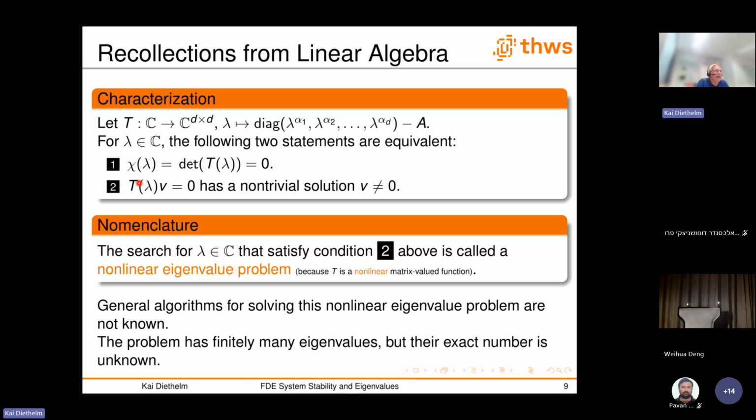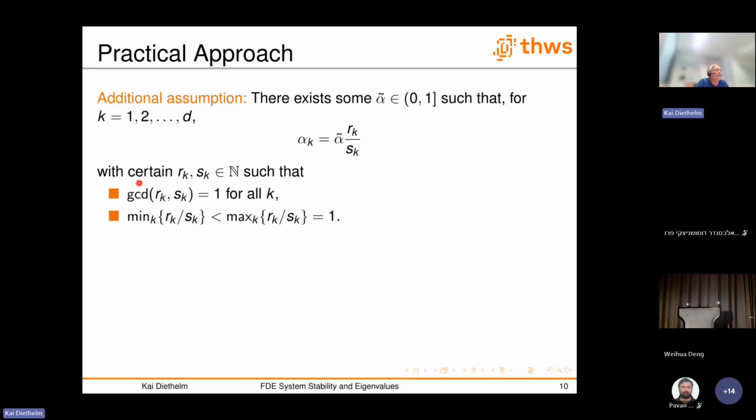Okay, so to handle this additional level of complexity, let's introduce one more limiting assumption. This is an assumption on the orders of our differential equation.